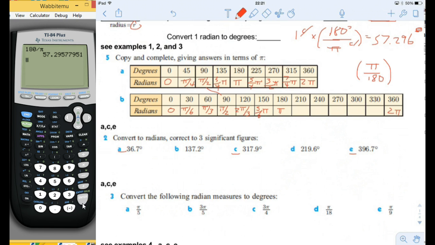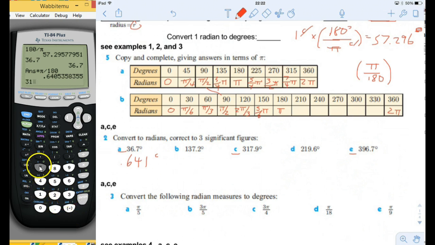Okay, so we'll do 36.7, and we're going to multiply by pi divided by 180, and that will give us 0.641 radians.